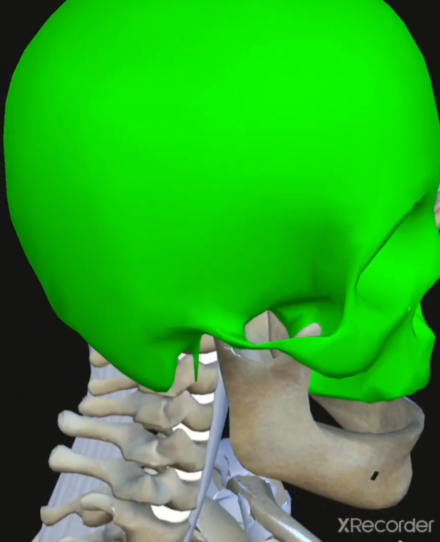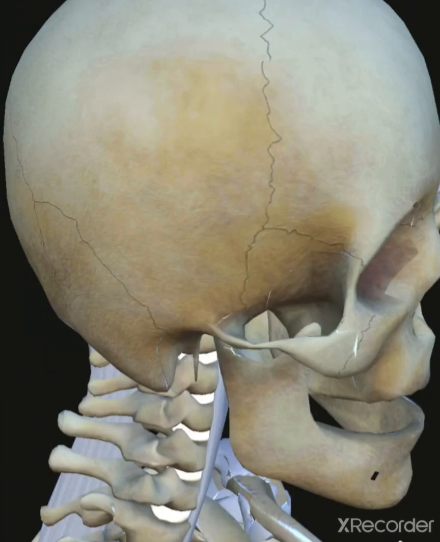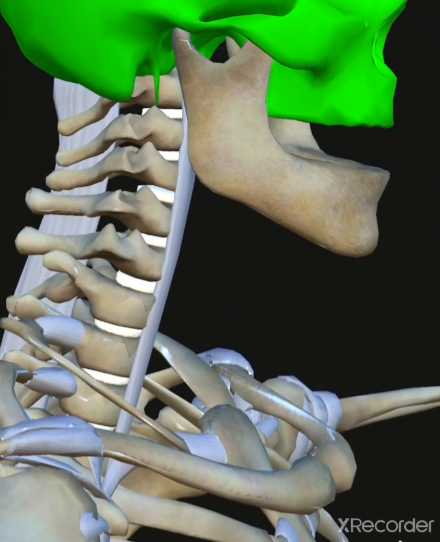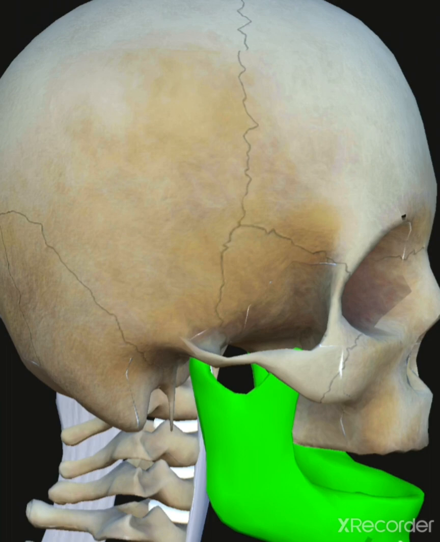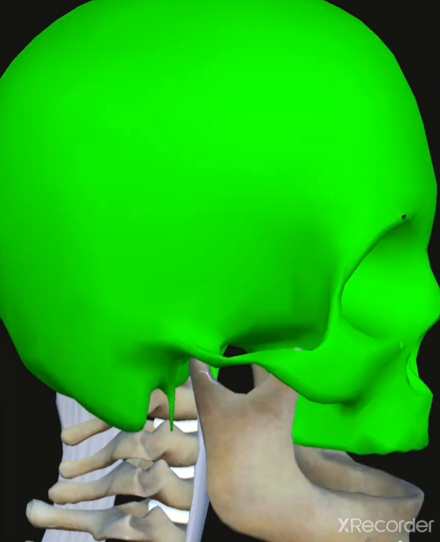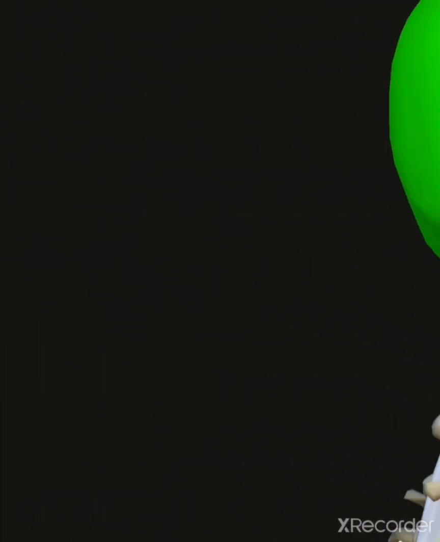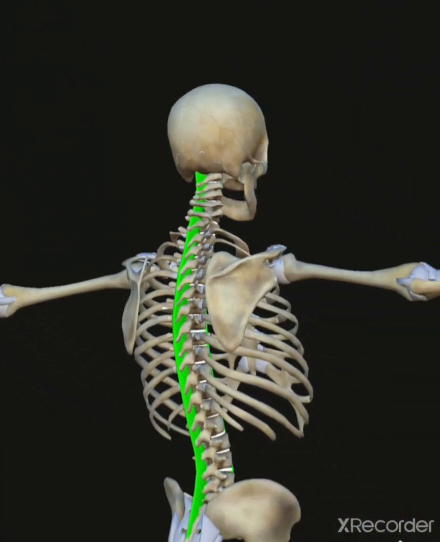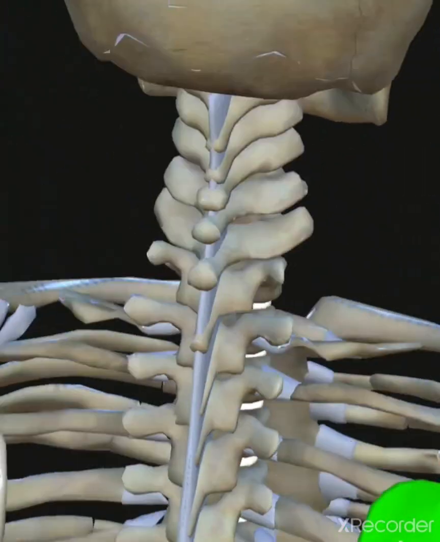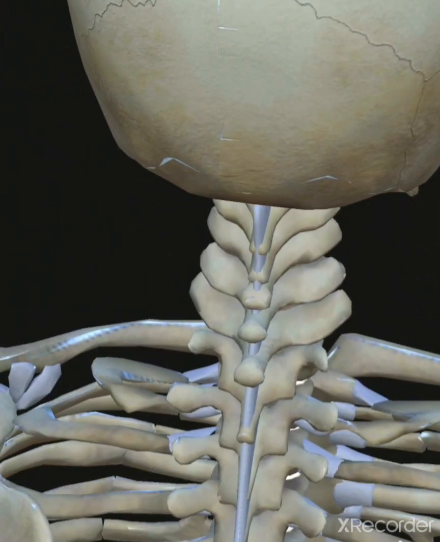This part is called the parietal bone, and this one, on the upper side of the mandibular bone, is called the temporal bone. At the back is the occipital bone. This part is called the occipital bone.